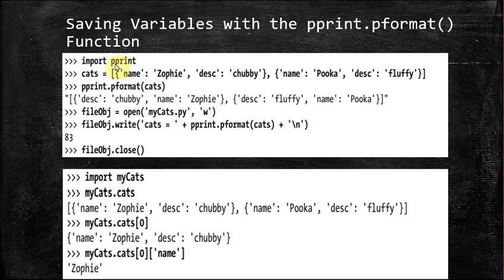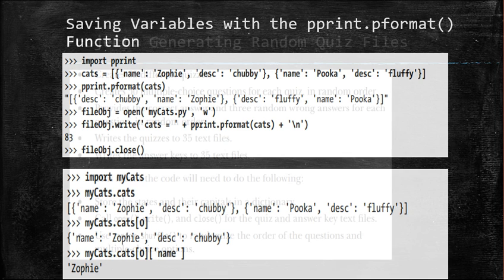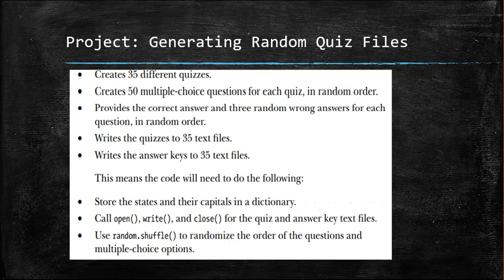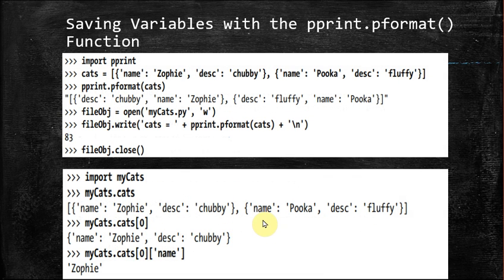Just as in this case we have written import pprint, similarly you can also write import mycats. That file can be used as a module which we can import whenever we want to use any variable that is stored in it. We'll just see the example that is given to us.